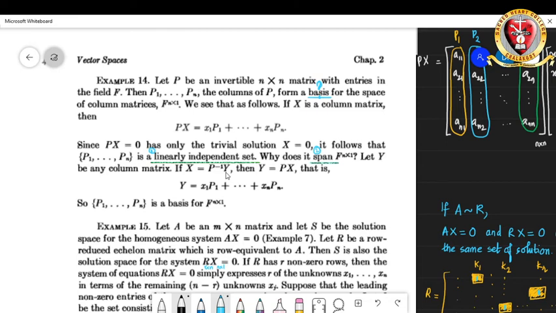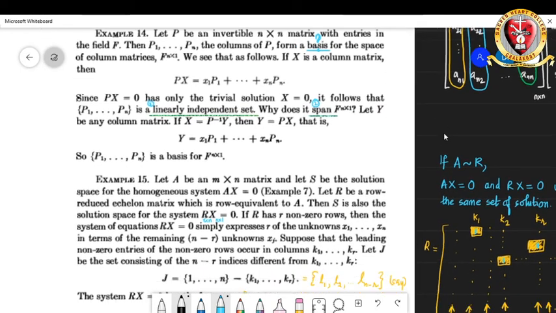That means Y is written as a linear combination of these p1, p2, etc., pn. So it is spanning all the elements inside capital Fn cross 1. So it acts as a basis because it is linearly independent and it is spanning.